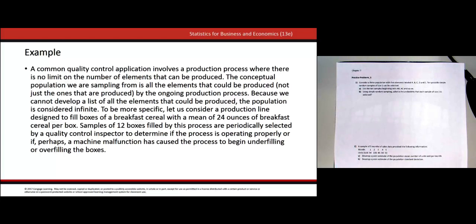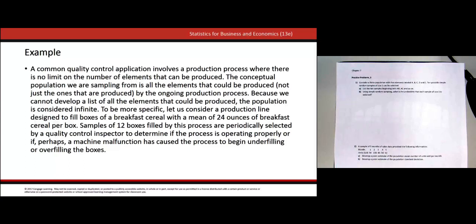Samples of 12 boxes filled by this process are periodically selected by a quality control inspector to determine if the process is operating properly, or perhaps a machine malfunction has caused the process to begin underfilling or overfilling the boxes.